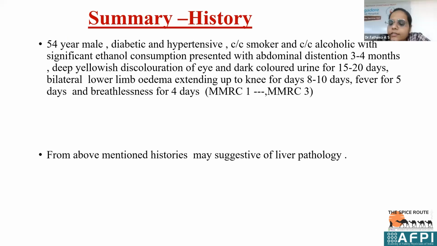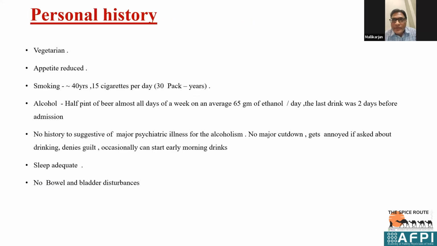Yes, sir. For men, 60 gram per day for more than 6 to 10 years, and for females it is 20 gram per day. How much is he taking, for how many years? He is taking half pint per day, sir, around 250 ml.